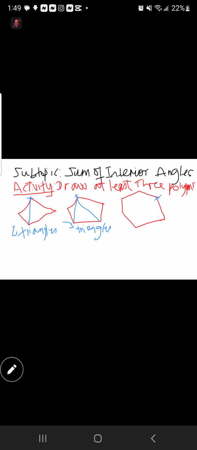If I start here, I can get one line coming here, one line going there, and one line going to another corner. I can get one coming across here. So with a six-sided figure, I get four triangles.